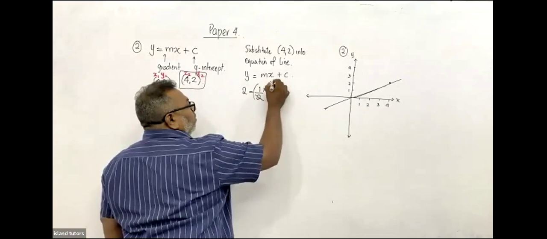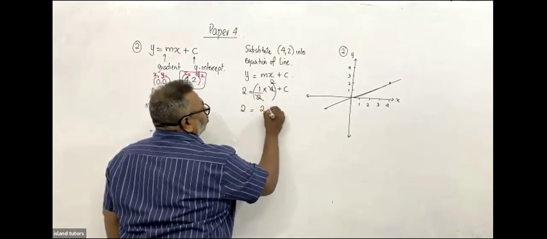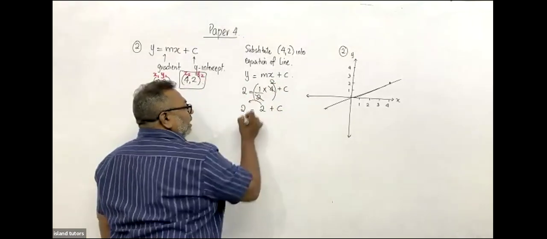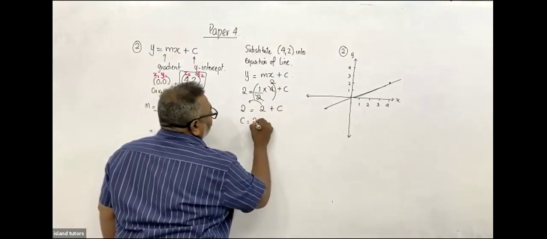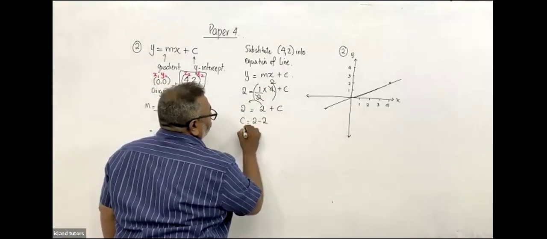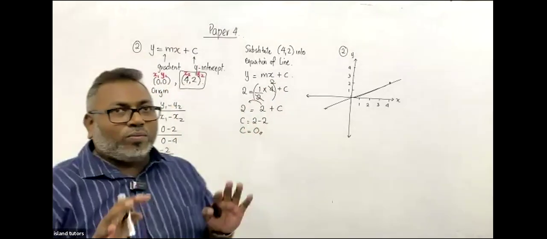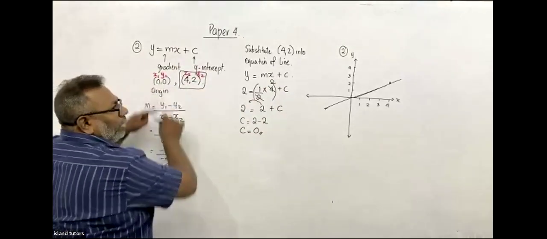This 2 and this 4 will cancel, becomes 2. So 2 equals 2 plus c. To find out c, you're going to take the 2 to this side. So c is equal to 2 minus 2. c is equal to 0. So your intercept is 0 over here.